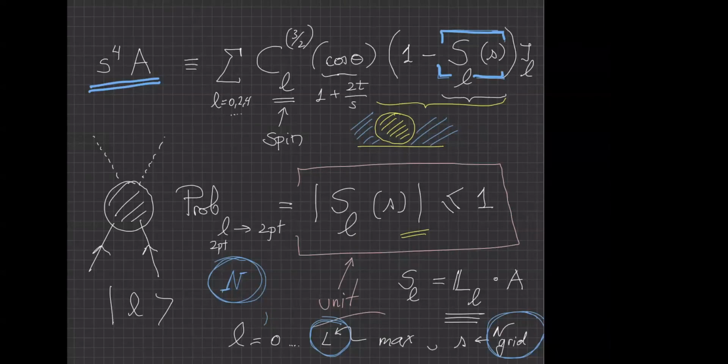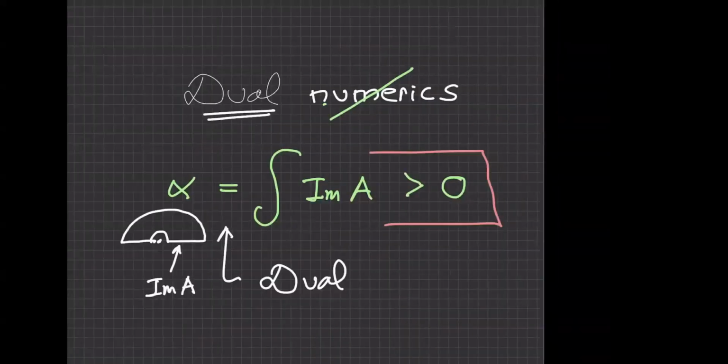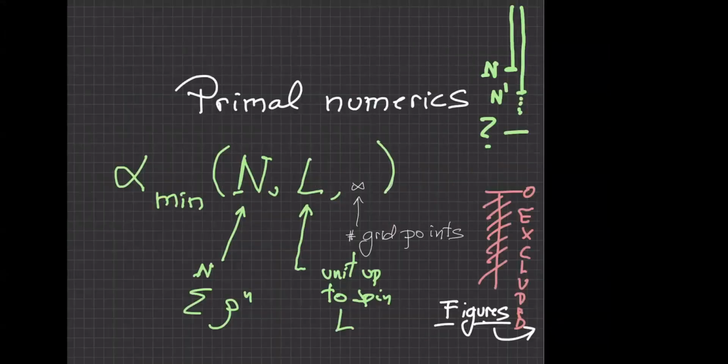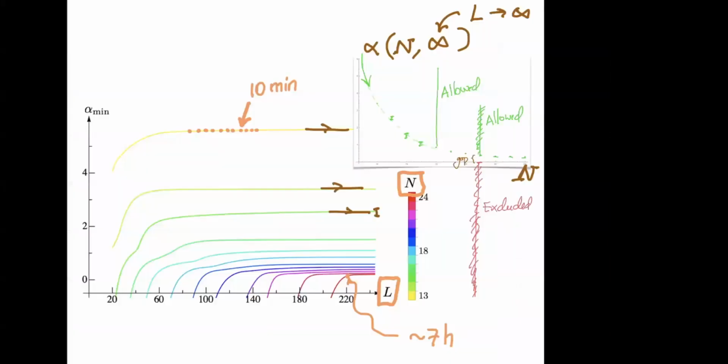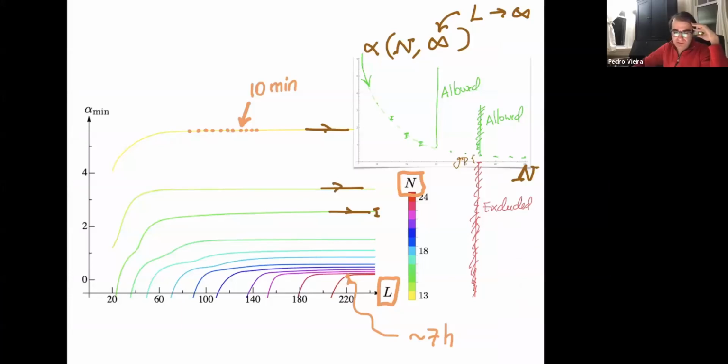Pedro, do you think it could ever be possible to do this on a laptop? Yes, I think so. There are always clever things we can do. This is the simplest thing, which is we just impose unitarity spin by spin. But there probably are some averaged quantities.